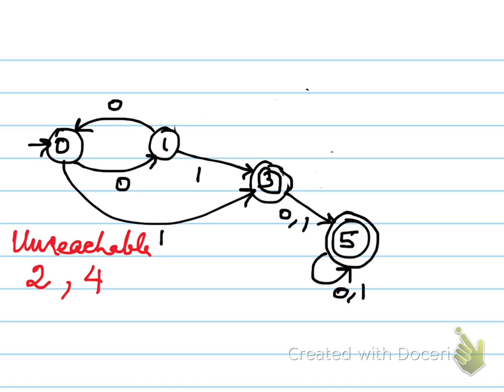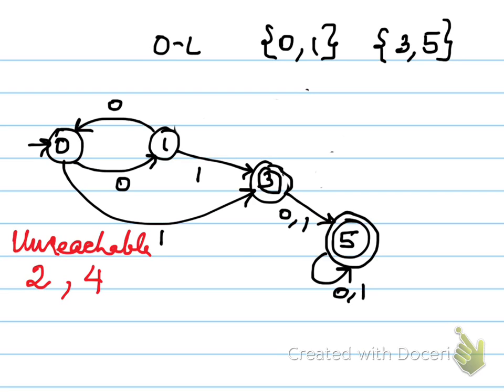So 0 and 1 are non-final states and 3 and 5 are our final states.